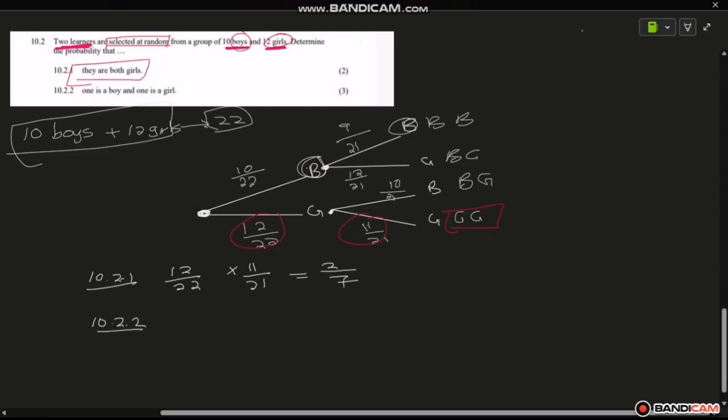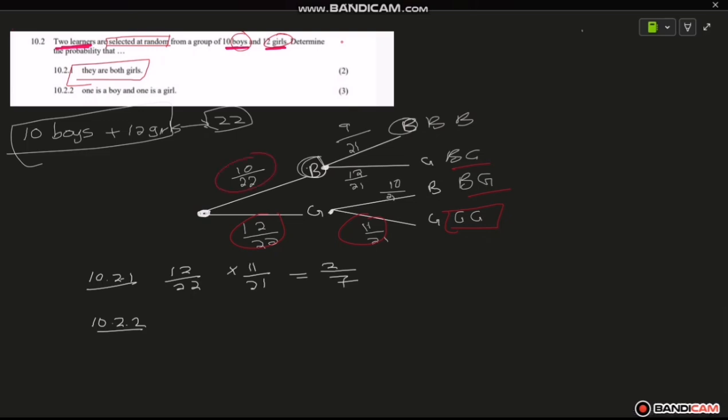So 10.22, 1 is a boy and 1 is a girl. So it's BG and BG. We're going to take this 10 over 22 multiplied by 12 over 21. Then we add it with 12 over 22 times 10 over 21. These two, we're going to add them with the first probability of BG.